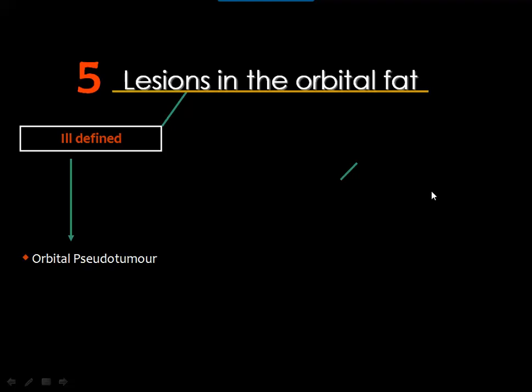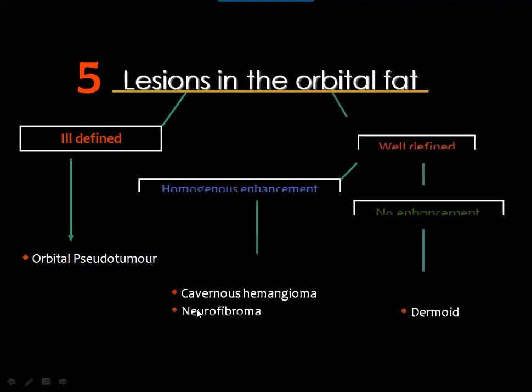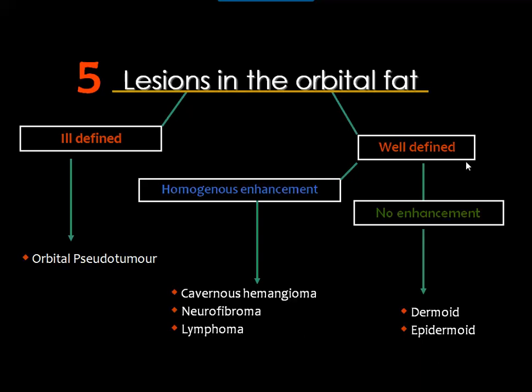After accurately diagnosing the lesion within the fat, then look at the lesion. Is it ill-defined or well-defined? If it is an ill-defined infiltrative pathology, then think of orbital pseudotumor supported by the clinical data. But if the lesion is well-defined, look at the enhancement.